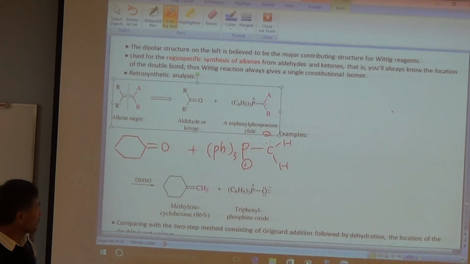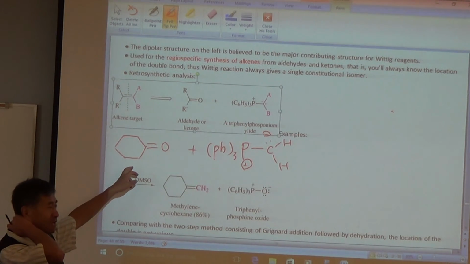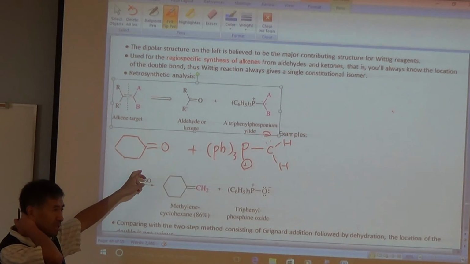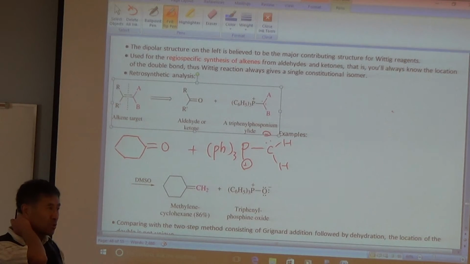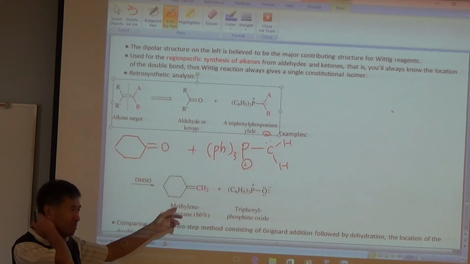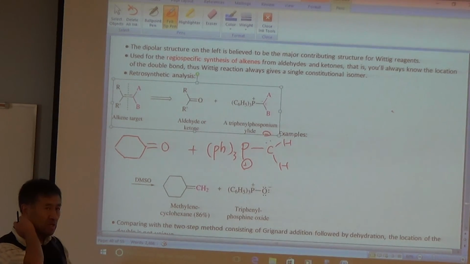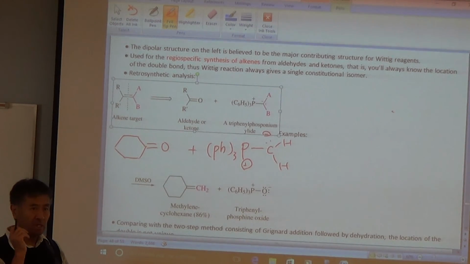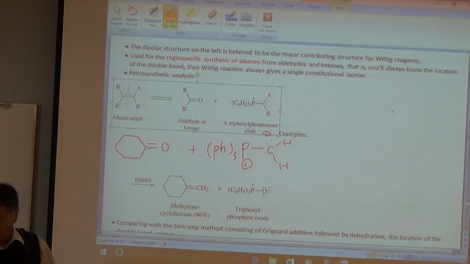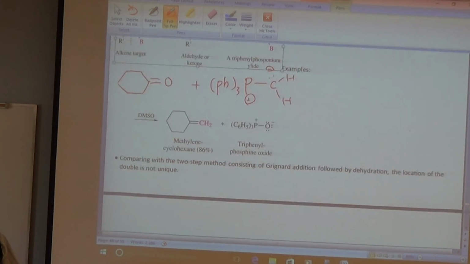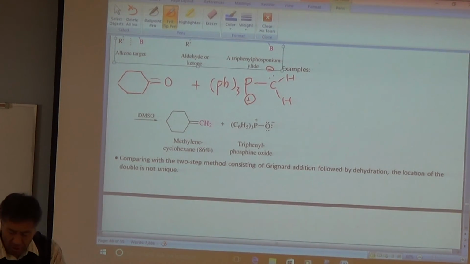So now if you compare, if you start with this cyclohexane, right? Is there some other way to produce the double bond? Okay? You can do the dehydration, you can do the dehydrohalogenation. Let's see if you want to use the other way to compare this step with this step.